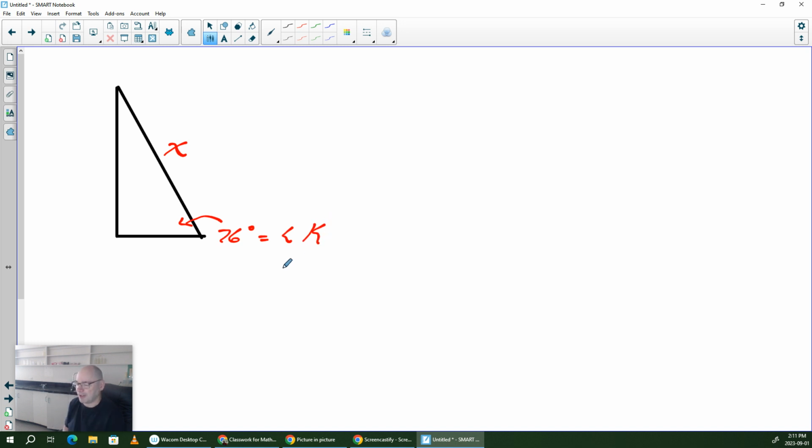We'll just call it angle K for now. We also know that when we measured this bottom here, it was 26.3 centimeters from there to there. And the question is, find x to the nearest tenth of a centimeter.